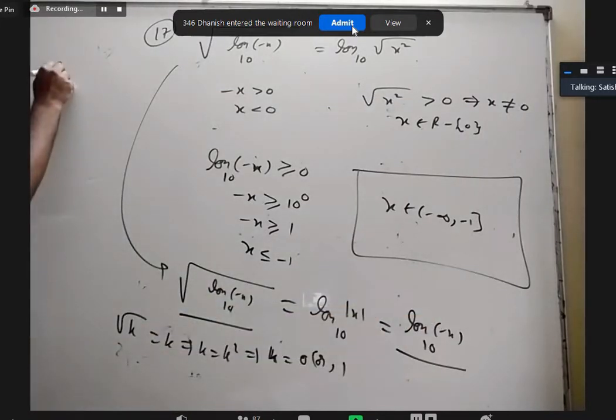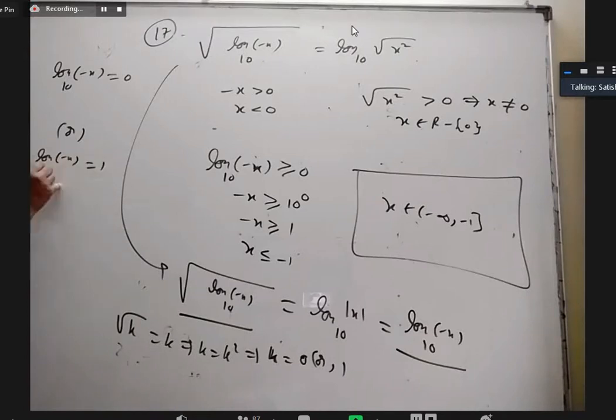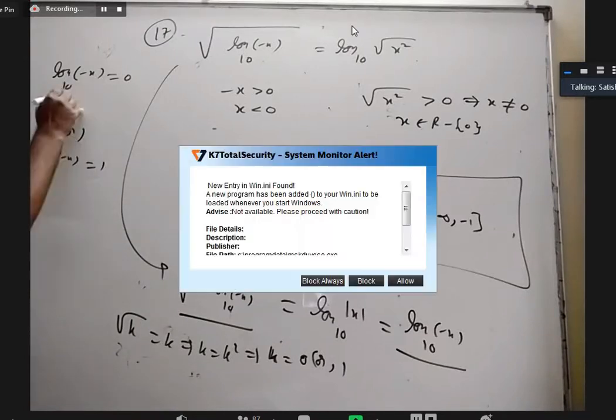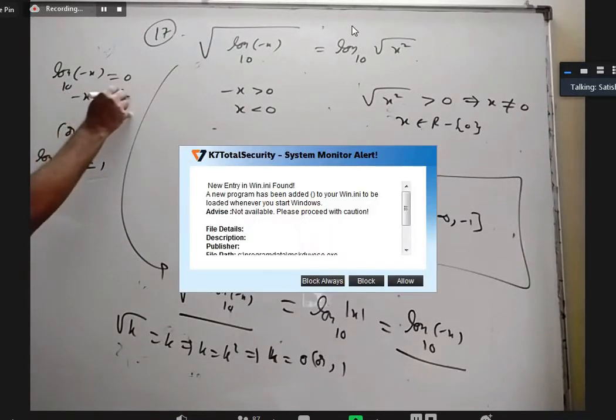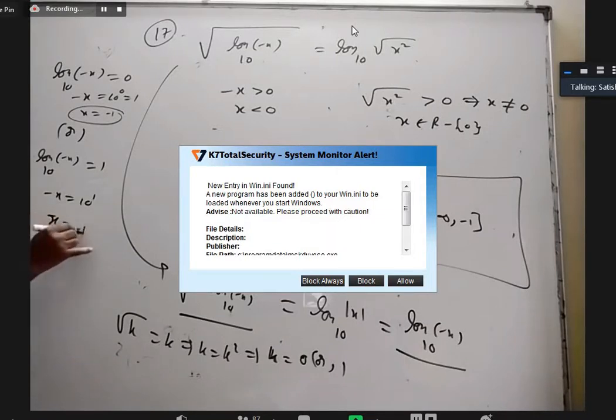So log minus x base 10 can be 0 or log minus x base 10 can be 1. If it is 0, minus x will be 10 power 0, which is 1, and x will be minus 1. And here minus x is equal to 10 power 1, x is equal to minus 10. So we have two answers, x equal to minus 10 and x equal to minus 1.